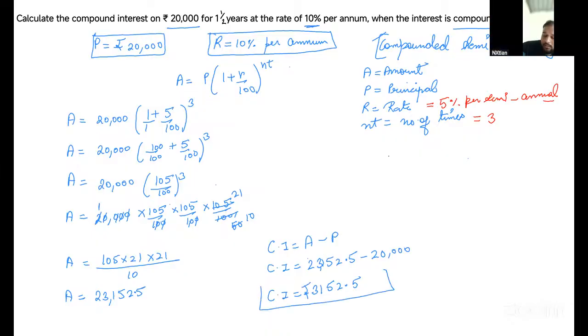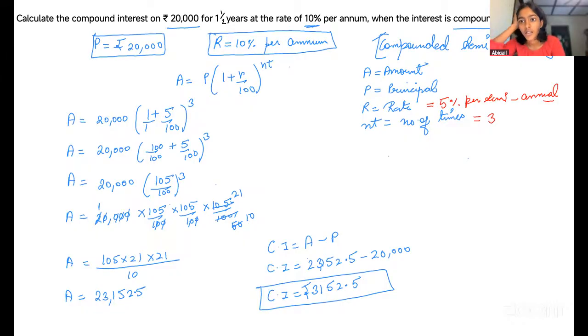What is saying, Abigail? I was saying in the fourth step, sir, when we cancel 105 and 100, I cancelled first 2 with 100. Here 2 was there now. So 2 ones are and 2 50s are.